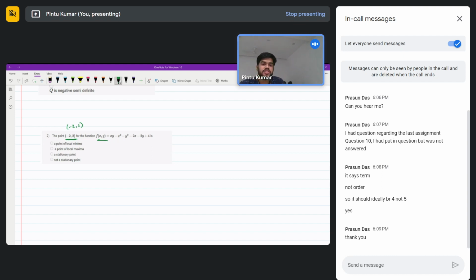So how do we check for stationarity? The first step would be to check for stationarity. That is, you will calculate the gradient at the particular point, at minus 2 comma 2, and if this is equal to 0, then it is a stationary point, right? Then the next step would be to check the Hessian, whether it is positive semi-definite or negative semi-definite, and based on that you can choose whether it is a local minimum.